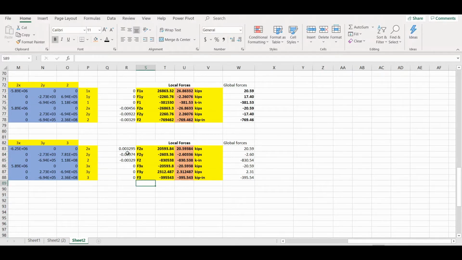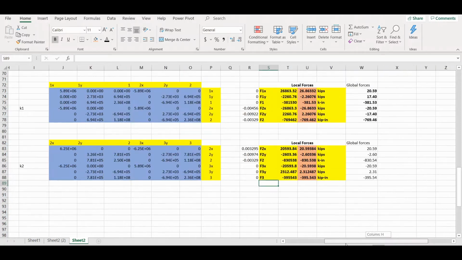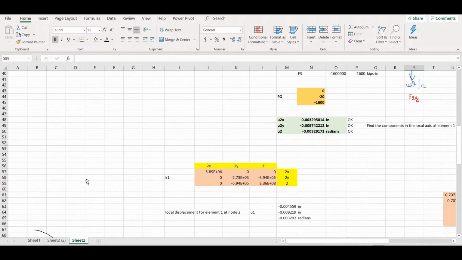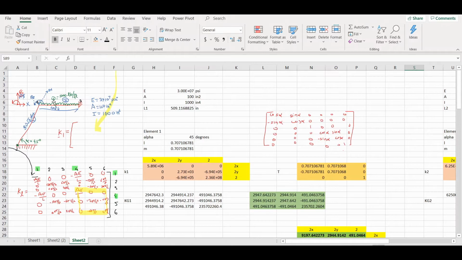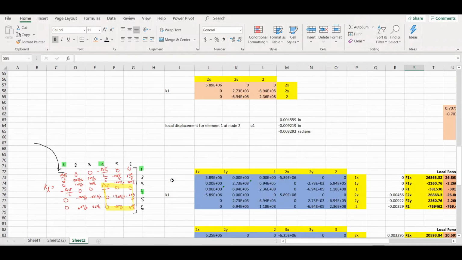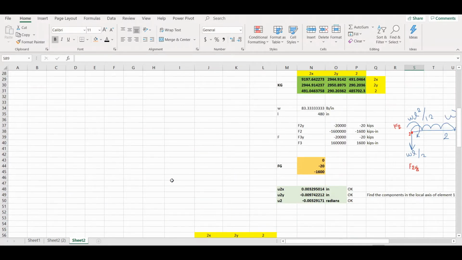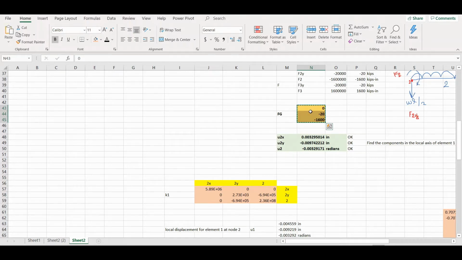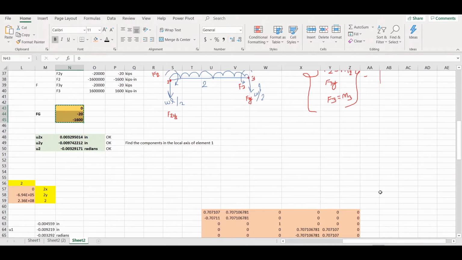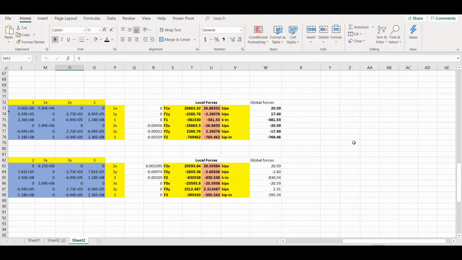At these points, at nodes 2 and 3, we will have reaction forces due to this load. So the reaction forces here will be equal to this. Now just copy this, just paste it here, just the values. So here we have our reactions.